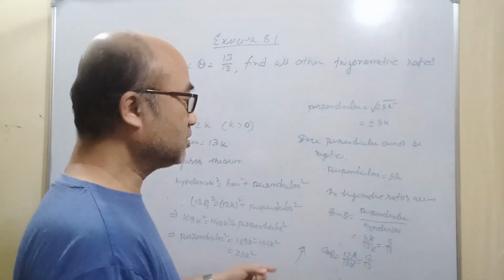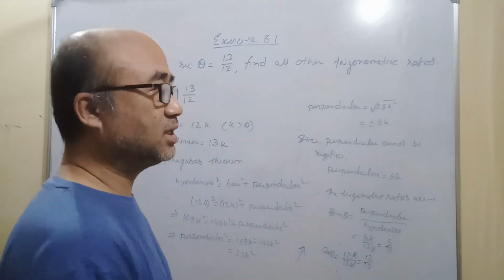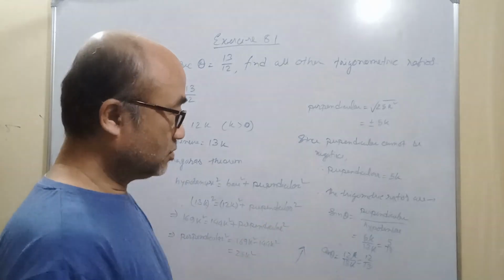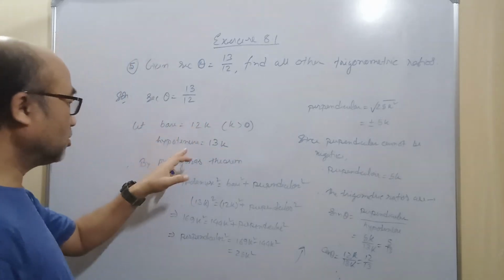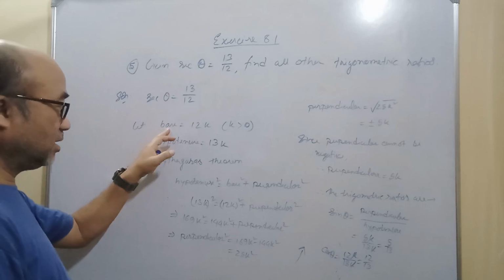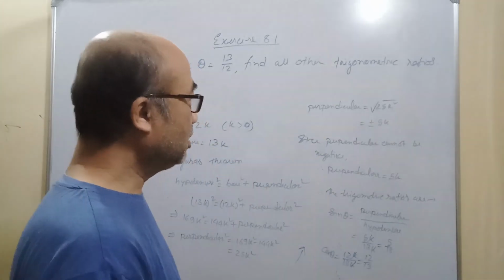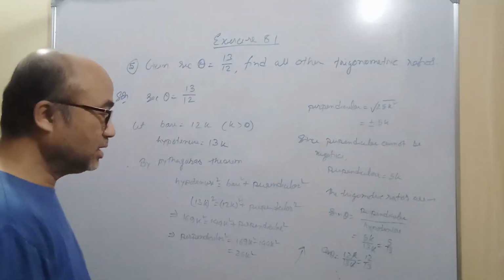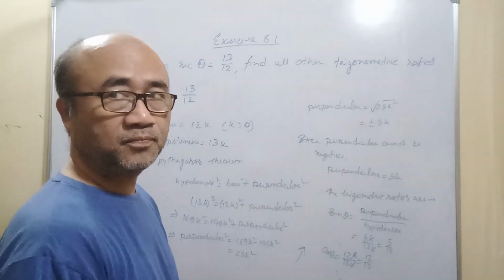In this way we can find out all the ratios: sin theta, cos theta, tan theta, cot theta, cosec theta, one by one, because now we have all three sides of the right angle triangle. Now it is easy to find the trigonometric ratios like this.